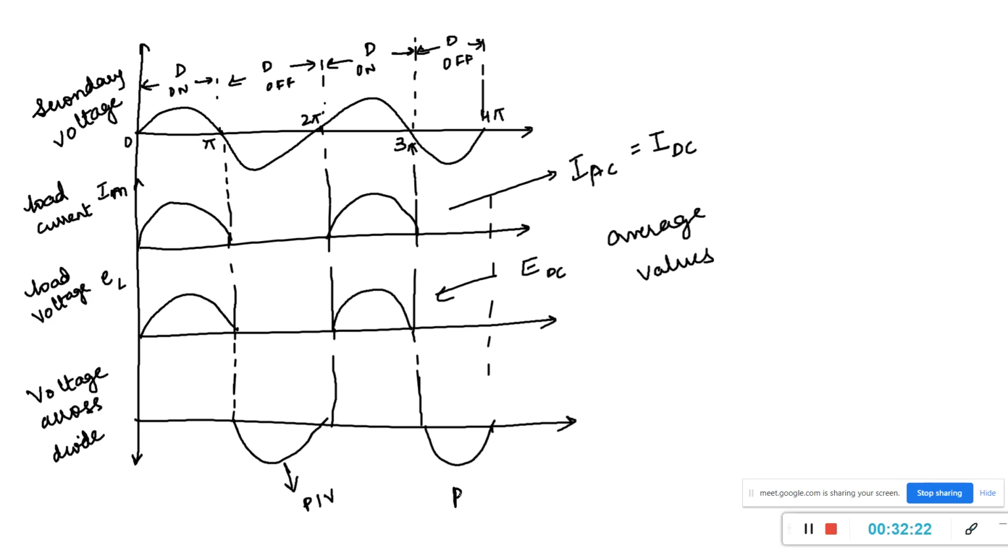So this is PIV, peak inverse voltage. It is the voltage across the diode when it is in the reverse condition.